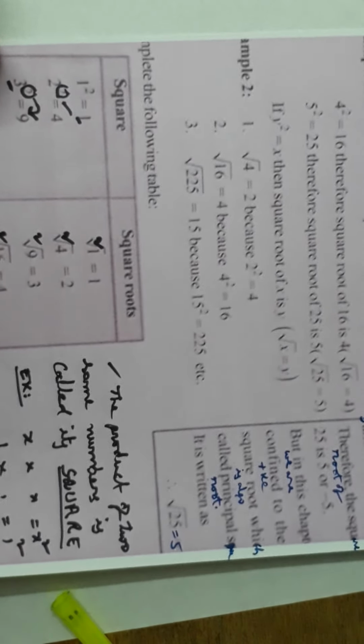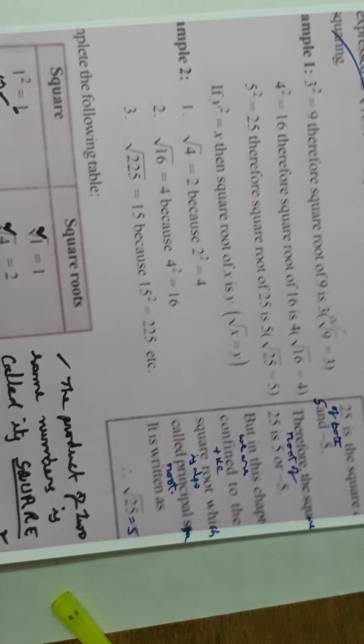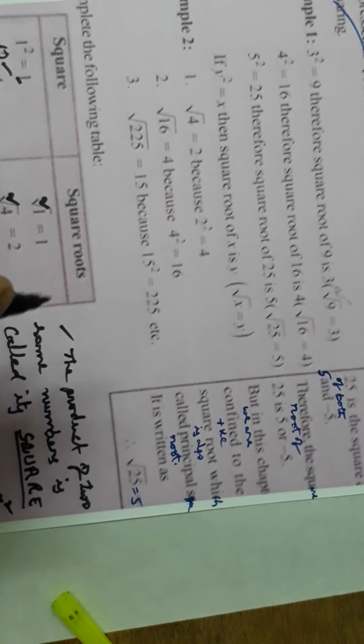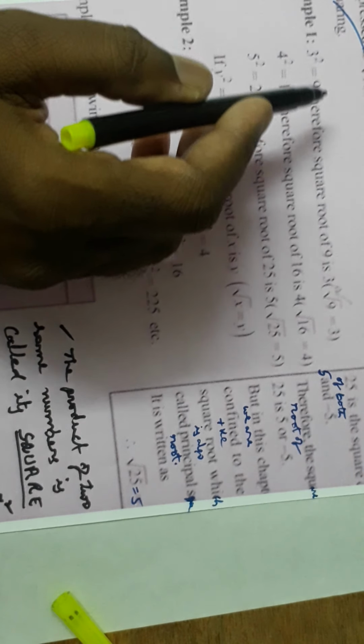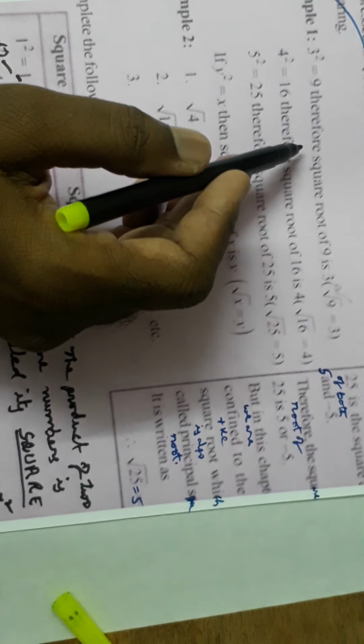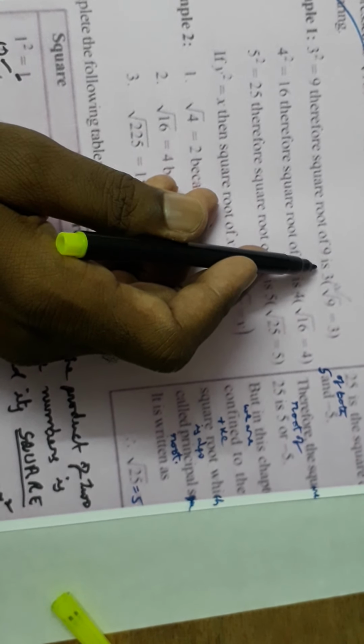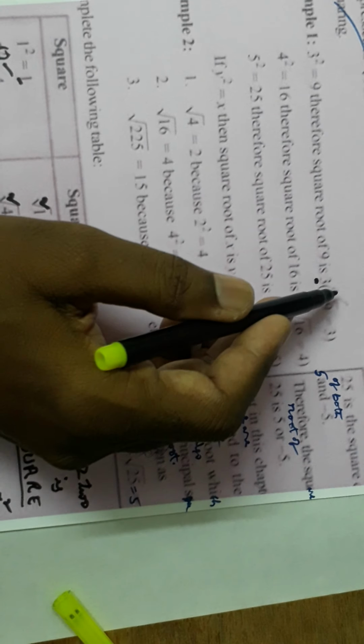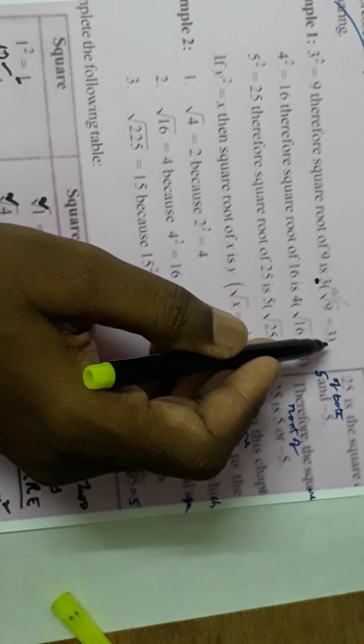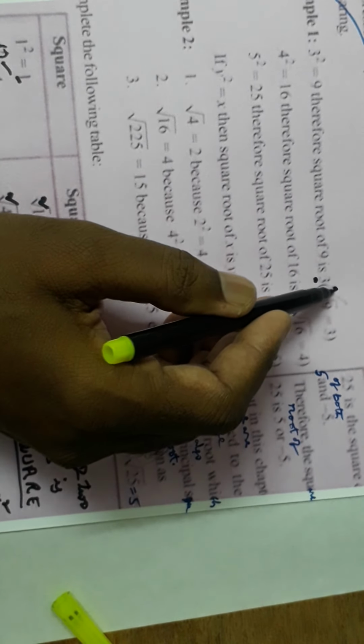Next. See examples. 3 square is equal to 9. Therefore, square root of 9 is 3. How? Root 9 is equal to 3, or square root 9. Already I will explain.